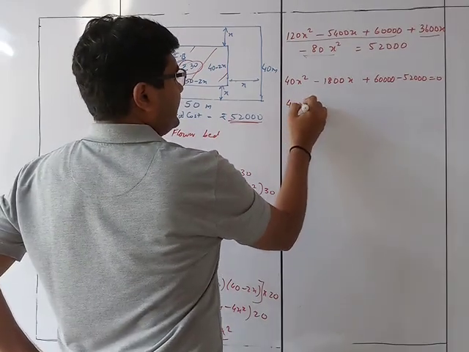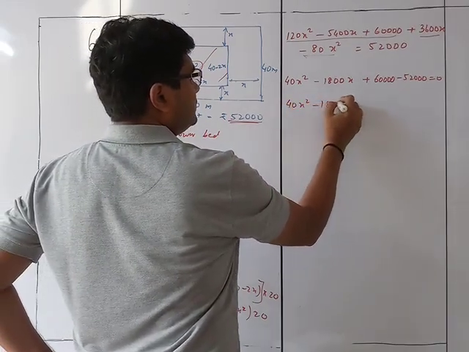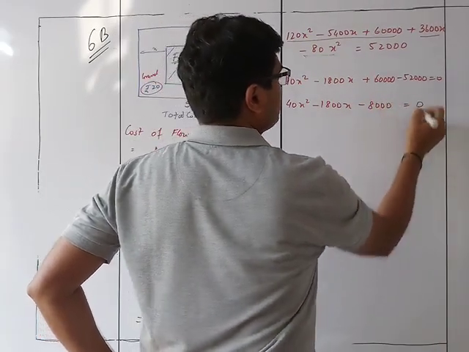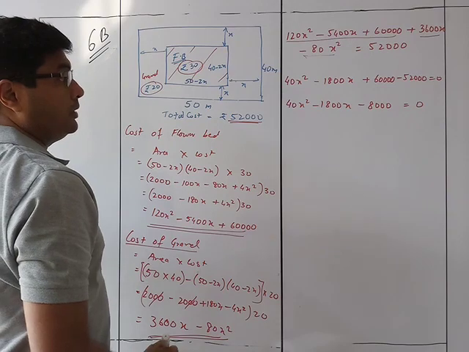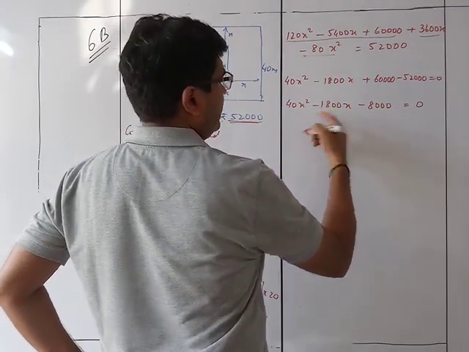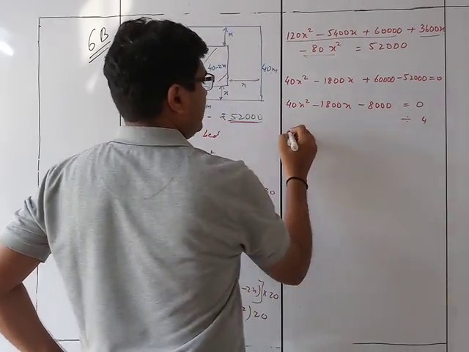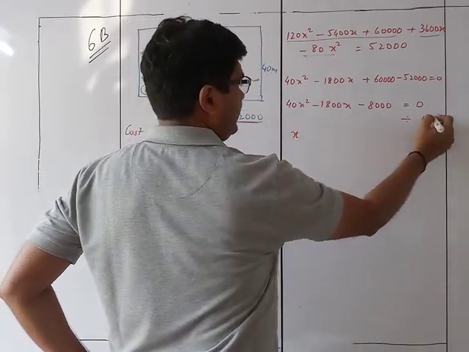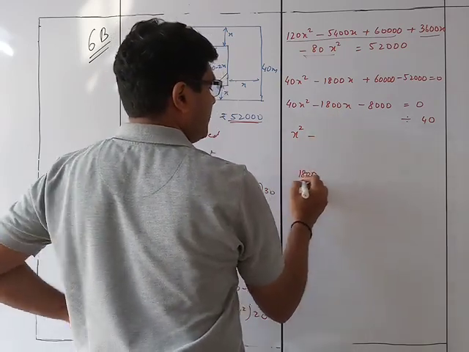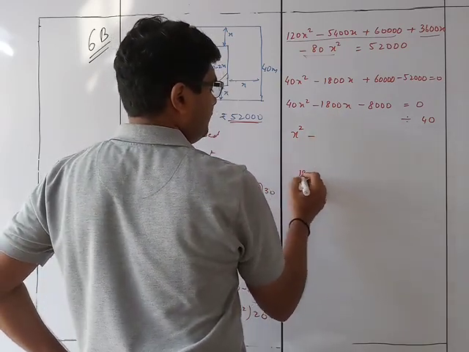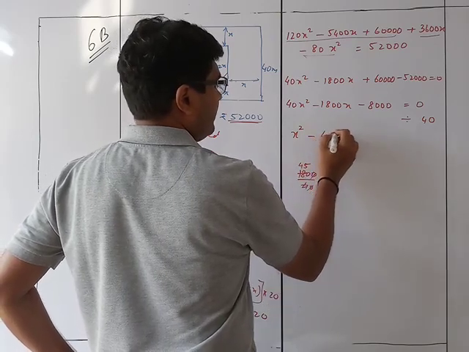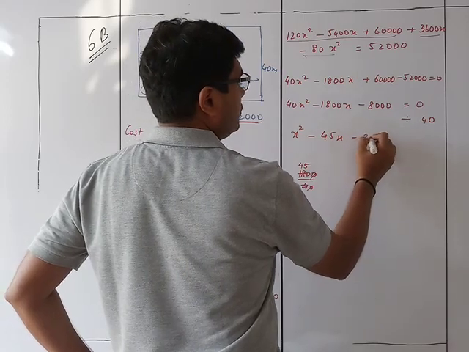So that's 40x square minus 1800x plus 8,000 is equal to 0. You can divide it by 4, or you can divide by 40 itself. So x square minus 1800 upon 40, that is 45x, plus 200.